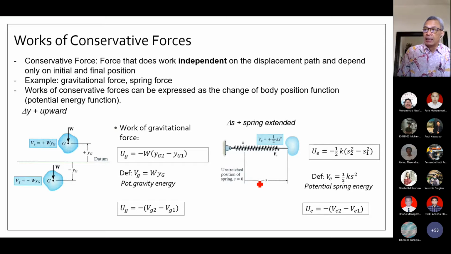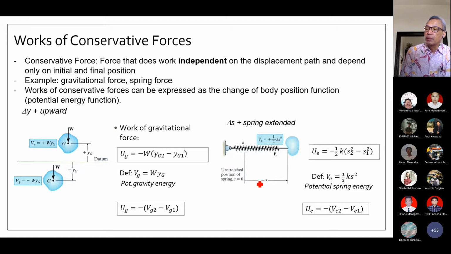Anda ingat gaya berat. Gaya berat melakukan kerja walaupun bendanya berpindah, ada juga komponen horizontal, tapi kita hanya memperhatikan perpindahan dalam arah vertikalnya, berapa selisihnya. Kita hanya melihat berapa perbedaan ketinggian dari center of mass untuk mengatakan berapa besar kerja yang dilakukan oleh gaya gravitasi pada benda tersebut.